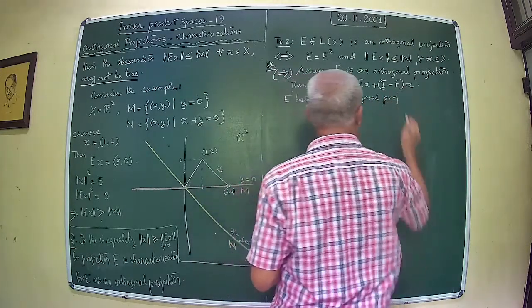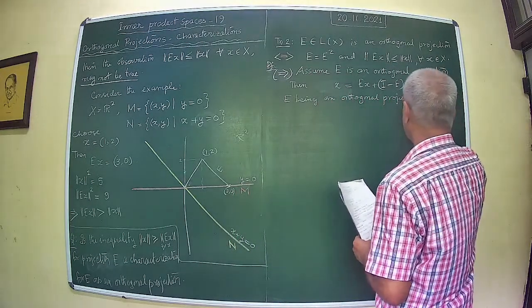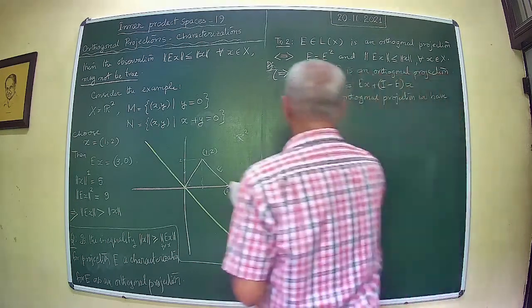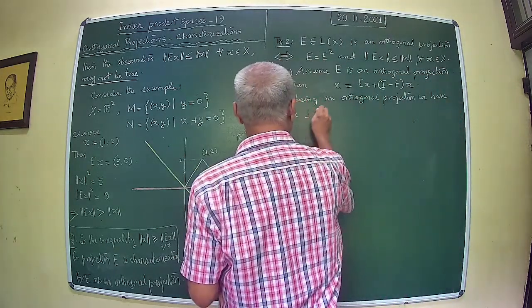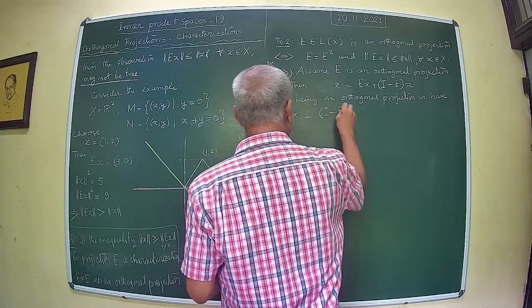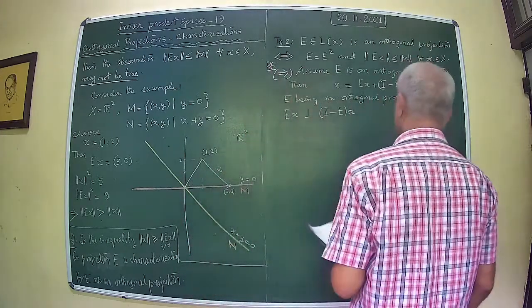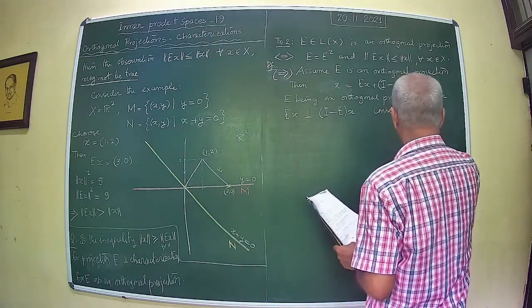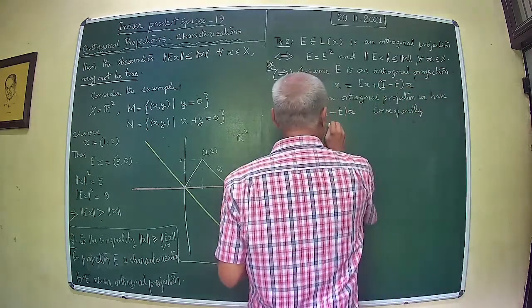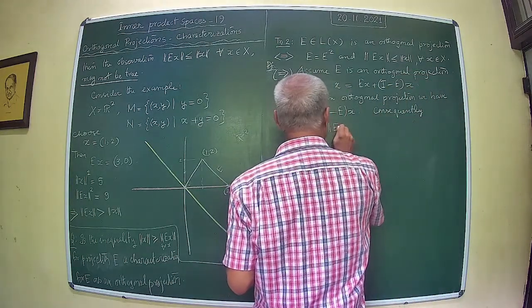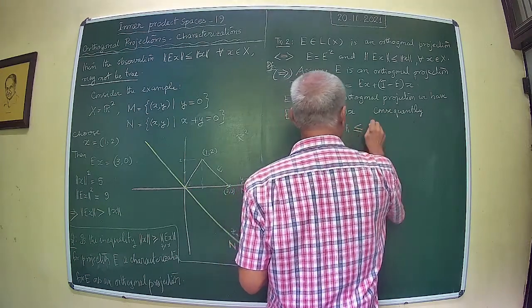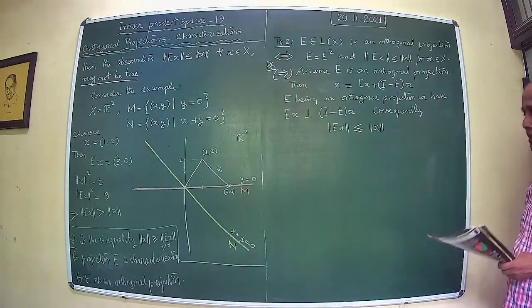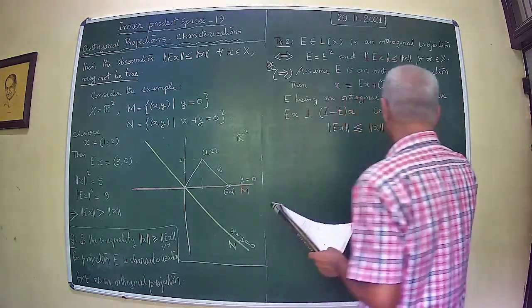This we have already verified. Consequently, norm of Ex is less than or equal to norm of x, as we have already proved. Okay, so that we have already done in the corollary.